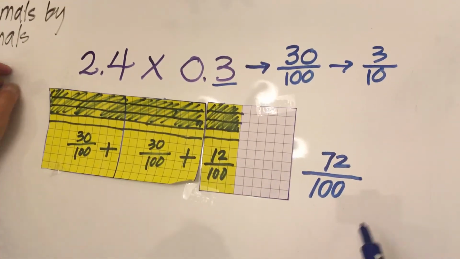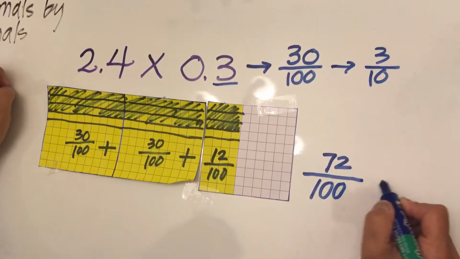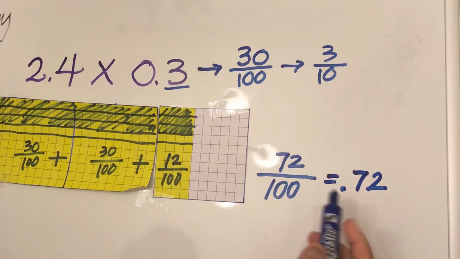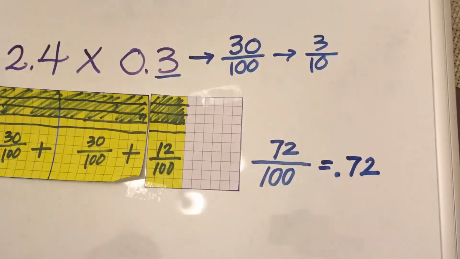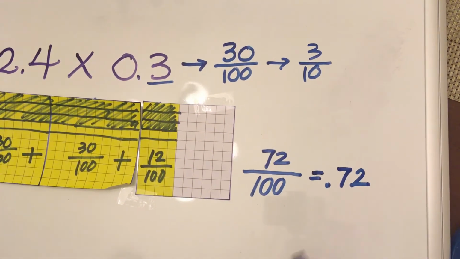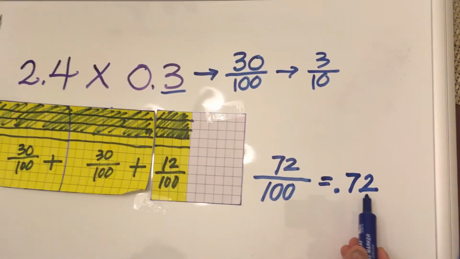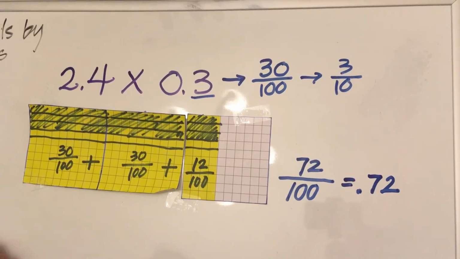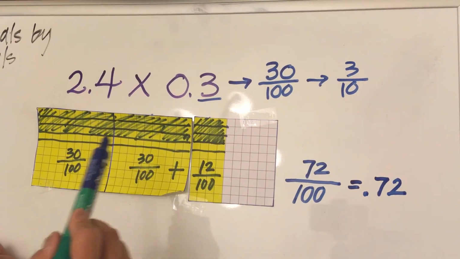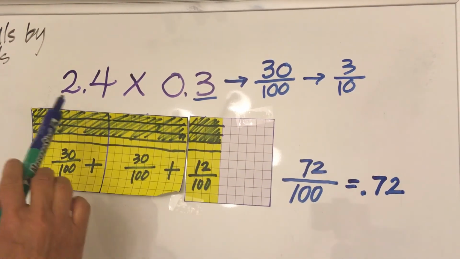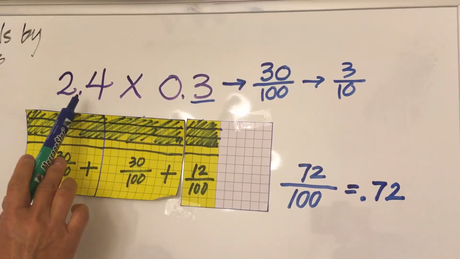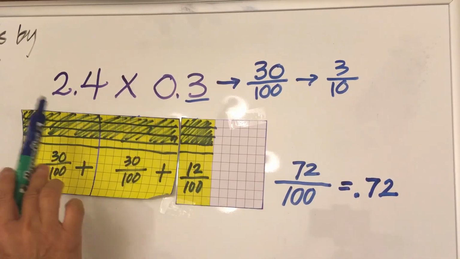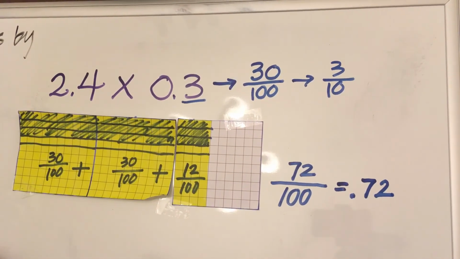So if I were to write this in decimal form, it is 72 hundredths. And that's how much I would pay for just 3/10 of a pound, not the whole pound. If I were to add 72 hundredths 10 times, I'm going to come back and get to 2 and 4/10. So that's how we are going to multiply a number bigger than whole and a portion decimal out of that whole thing. Okay, that's it.